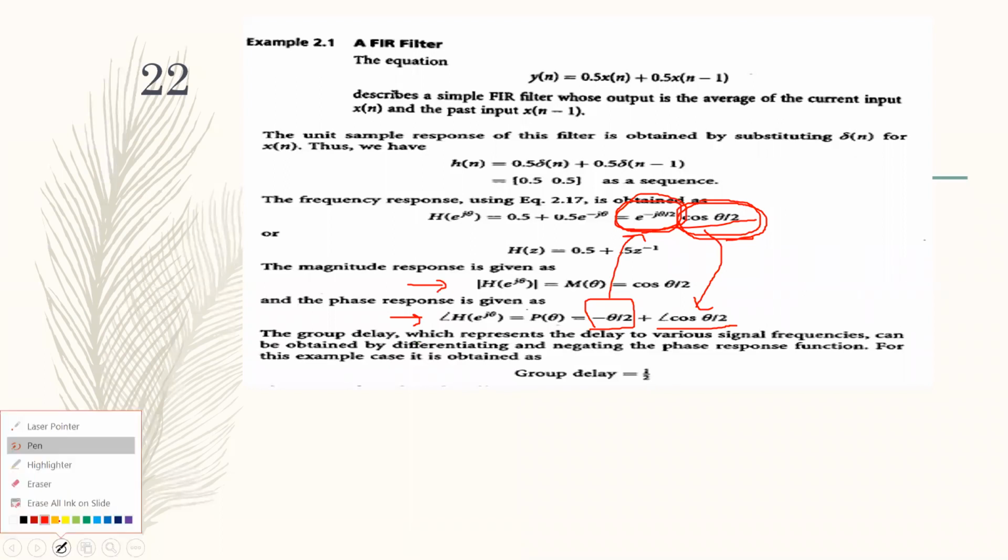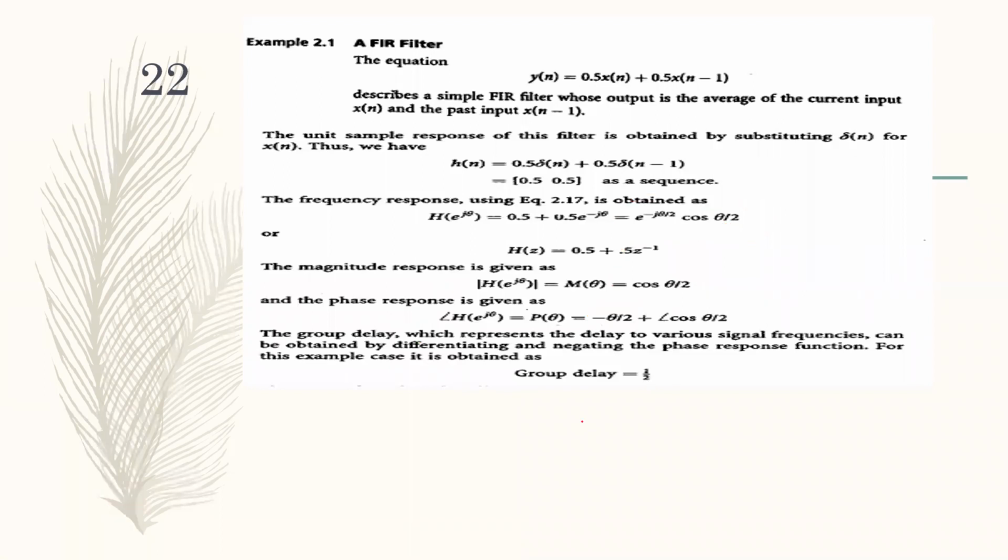Now if I have to estimate the group delay, I differentiate and negate the phase response function. So to estimate the group delay, I have to make use of this equation, that is the phase response. You differentiate it with respect to theta, d by d theta.